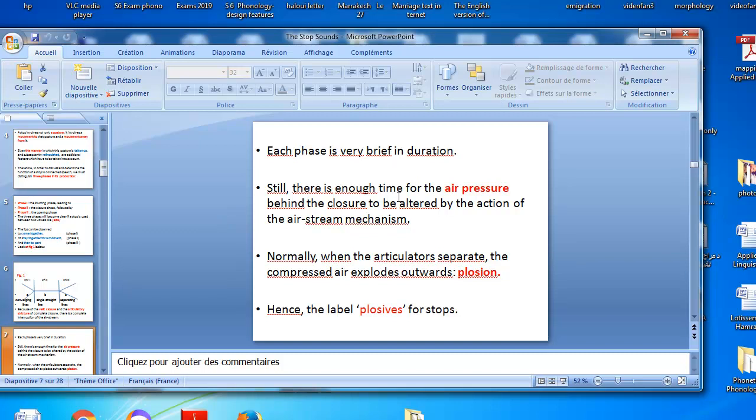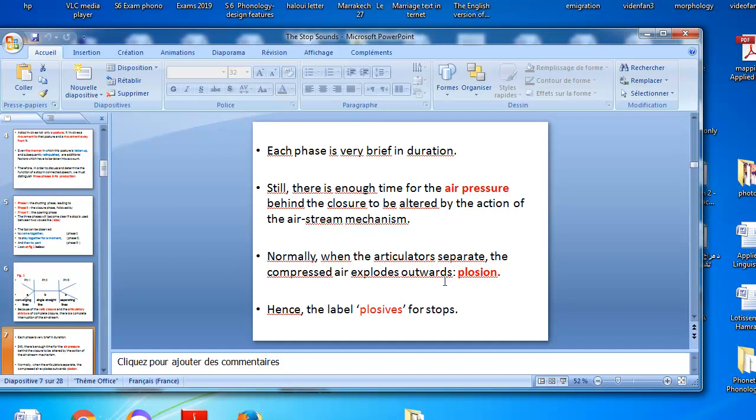Now, each phase is very brief in duration. Still, there is enough time for the air pressure behind the closure to be altered, to be changed by the action of the air stream mechanism. This is what we are going to explain later on. Normally, when the articulators separate, the compressed air explodes outwards.